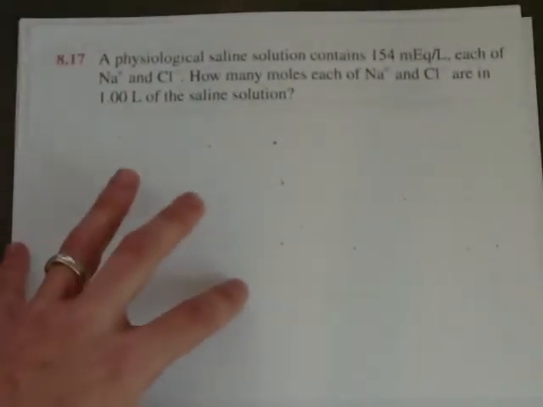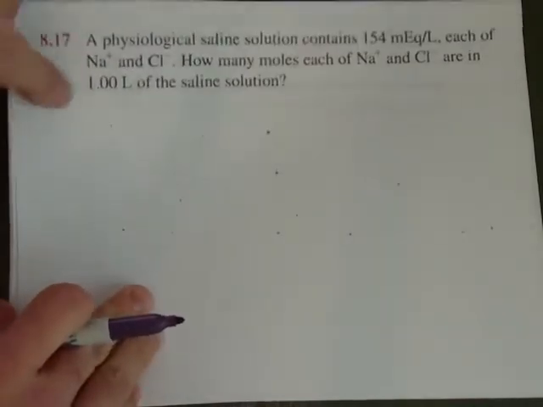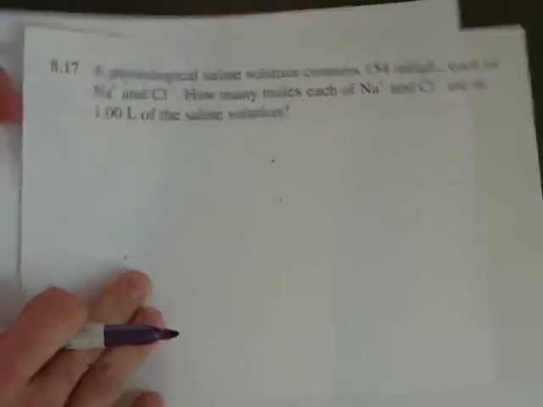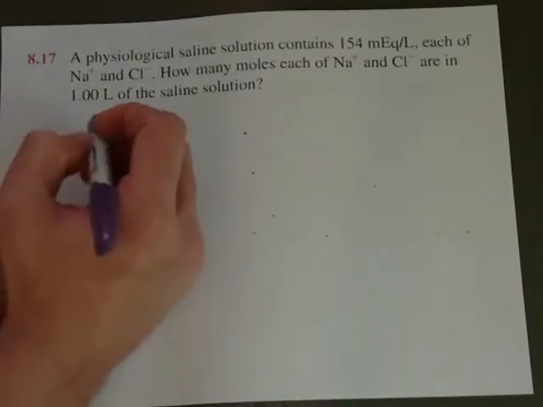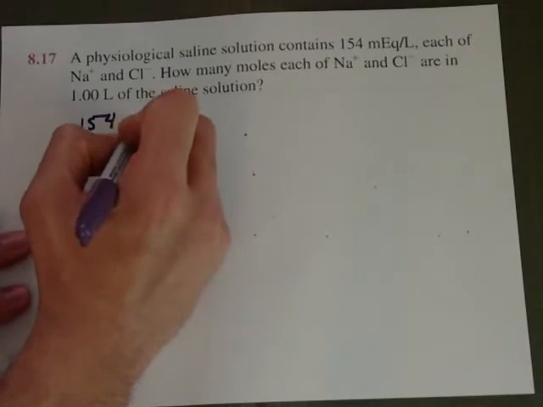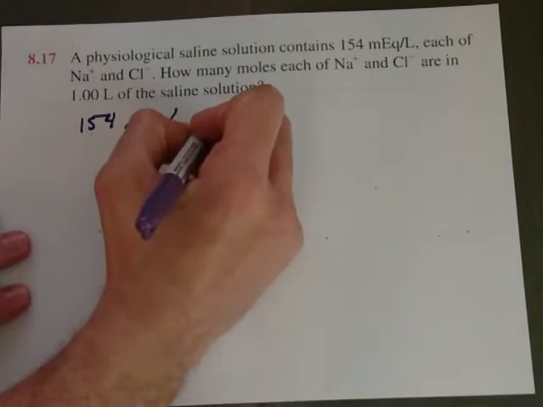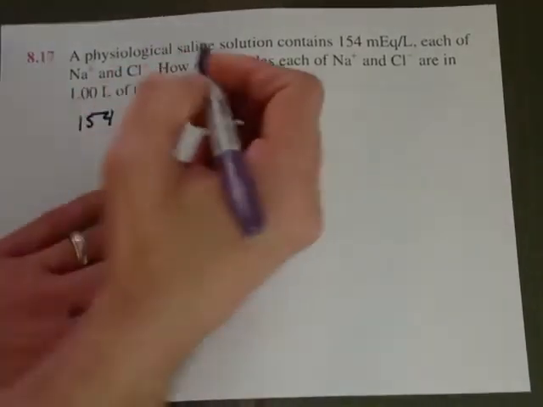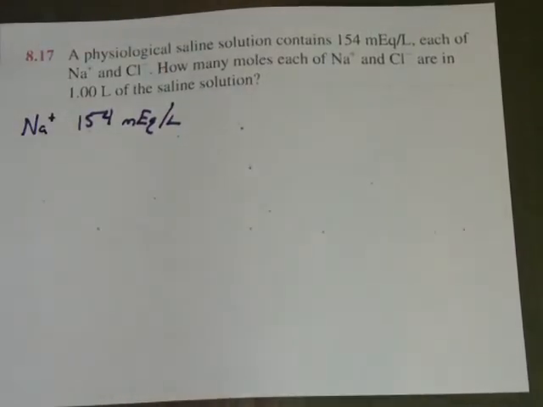All right, and the next one, it's asking us to find how many moles of each of the sodium and the chlorine we have in 1 liter of a salt solution. And so if we have 154 milliequivalents per liter of each of Na and Cl, we're just going to concentrate on Na first, and then we'll do the Cl.